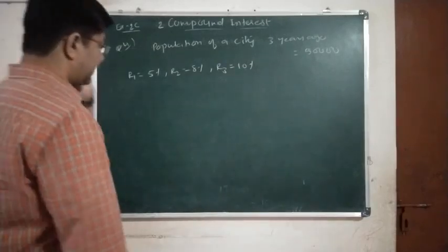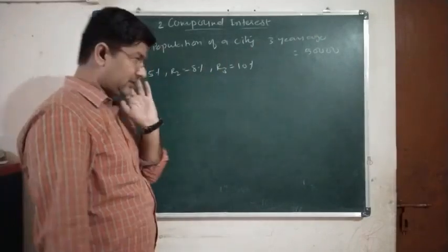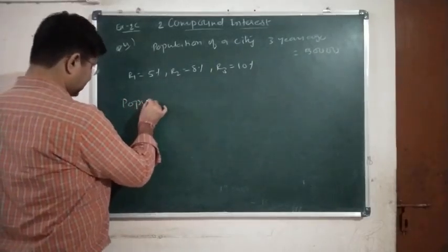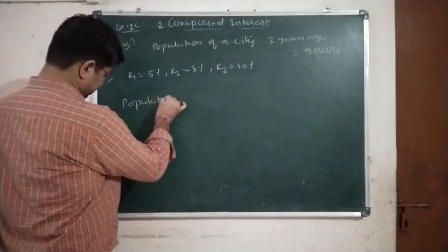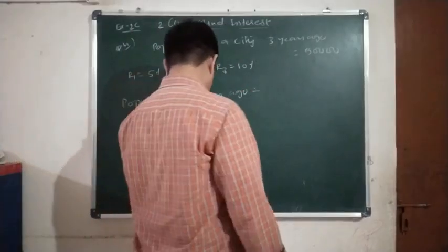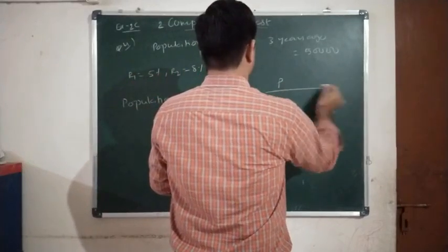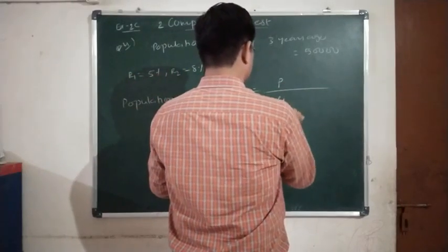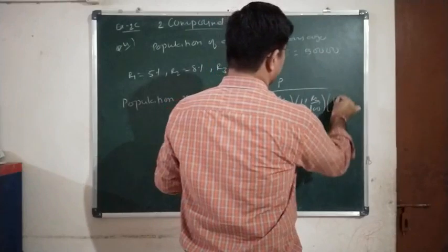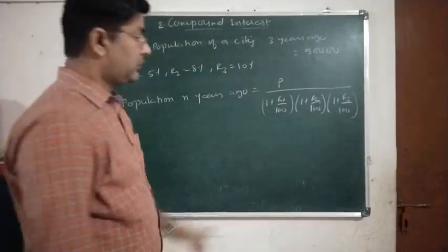So we have a formula for calculating the population n years ago. Because the population 3 years ago is given, let us use the formula. The population n years ago will be given by, in this particular case, present population upon (1 plus R1 upon 100) into (1 plus R2 upon 100) into (1 plus R3 upon 100), because we have 3 different rates for 3 successive years.